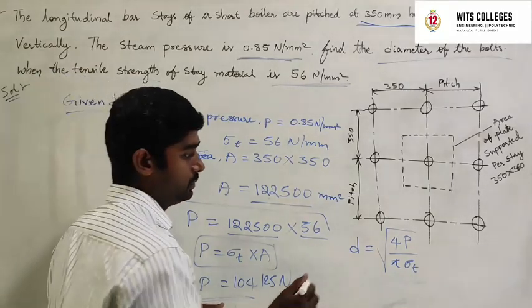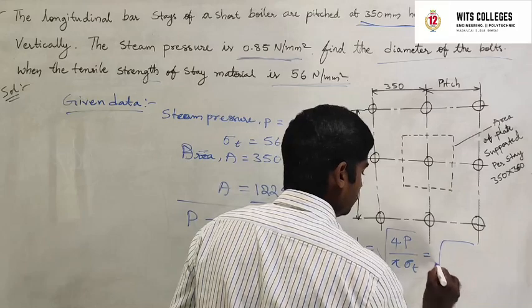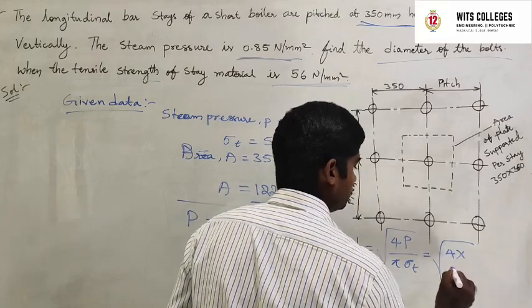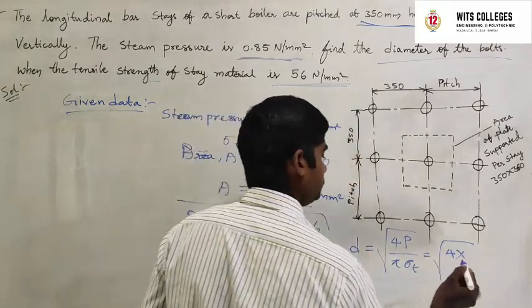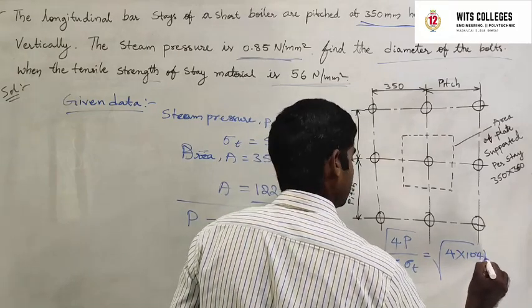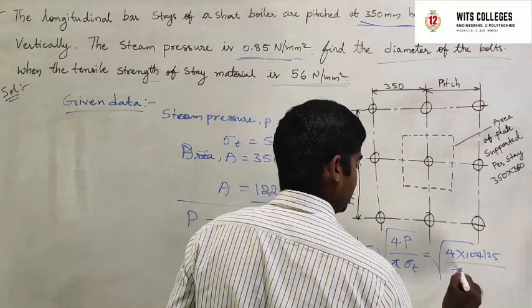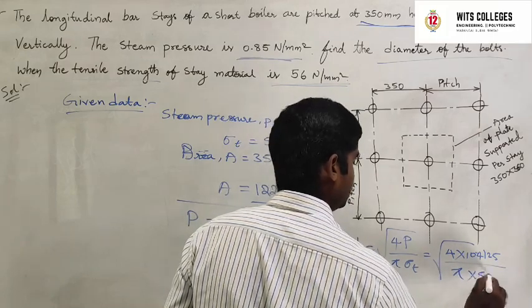Let's substitute the sigma t value and P value: root 4 into 104,125 by pi into sigma t 56.